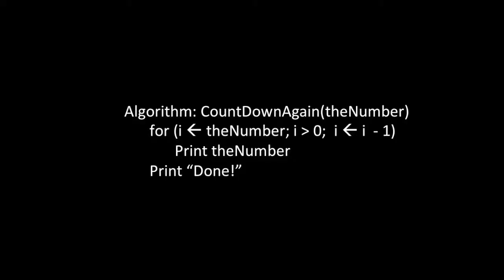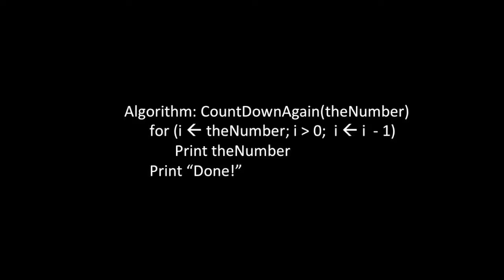Let's try changing the countdown algorithm that we implemented with while to an algorithm implemented using for. So I'll call my new algorithm countdown again. It'll still take a single argument called the number, but now I'll use a for loop. The loop reads for, and the initialization is we'll set some variable i to be the number.